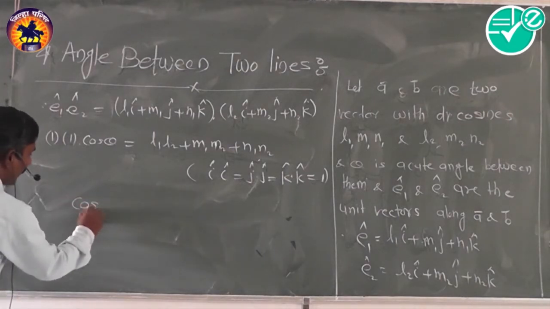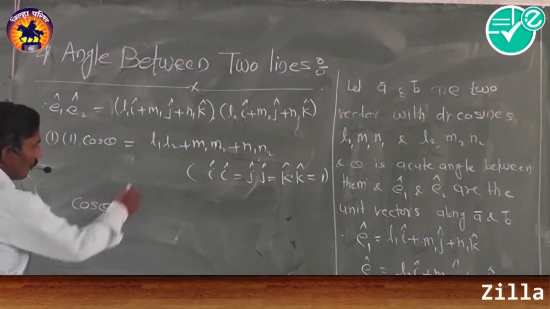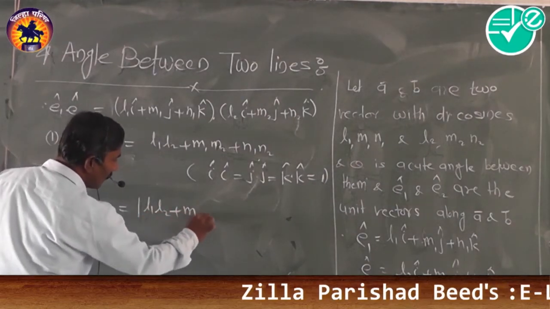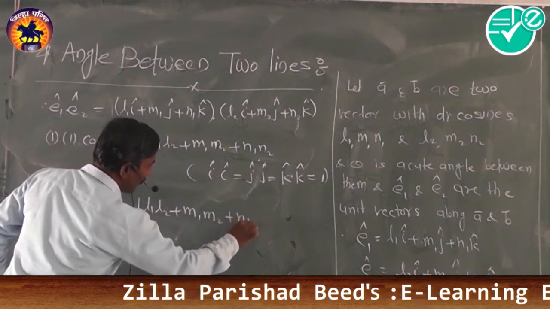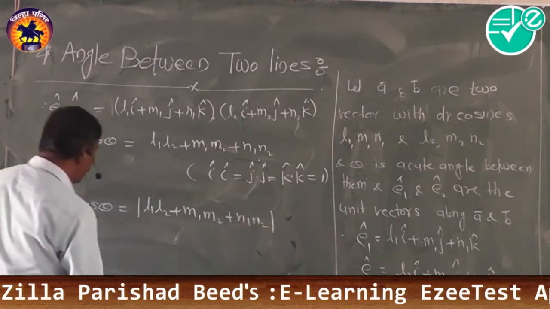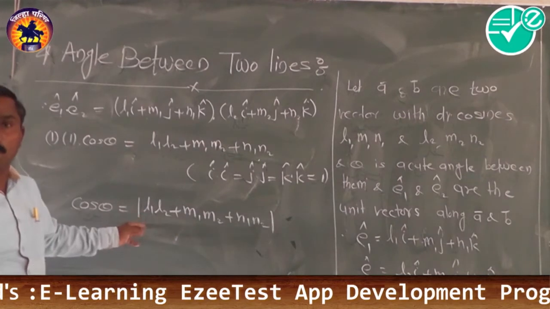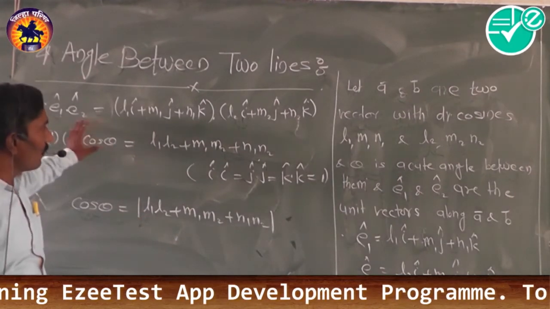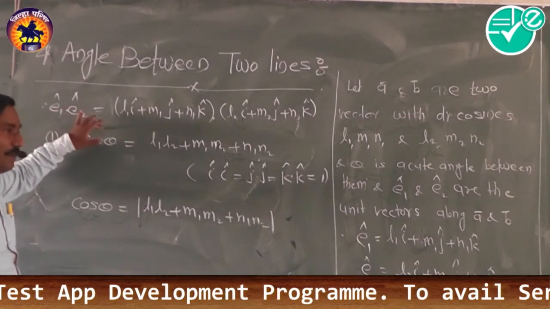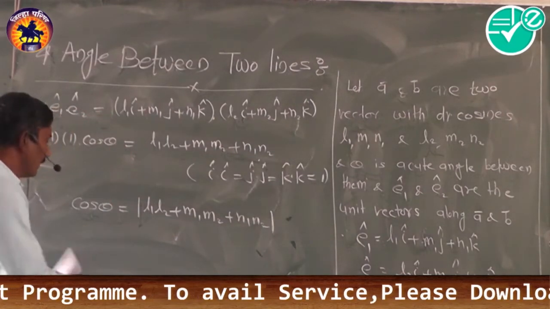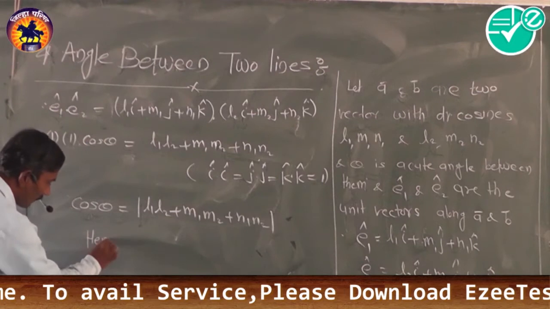Therefore cos theta is equal to the mod of L1 L2 plus M1 M2 plus N1 N2. Because the angle is always positive, we take the mod here. So this is a simple proof of the angle between two lines, and theta is acute. Hence proved.